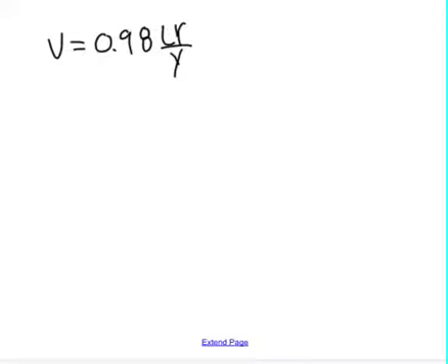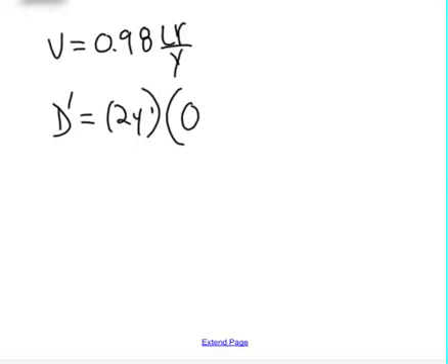The reason it does that is the distance the ship travels is actually not 10 light years. As far as they're concerned, they traveled a total of 2 years, at a speed of 0.98 light years per year, which means they traveled a little bit less than 2 light years.